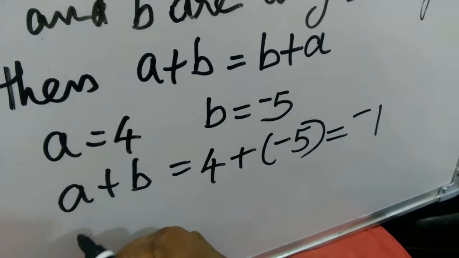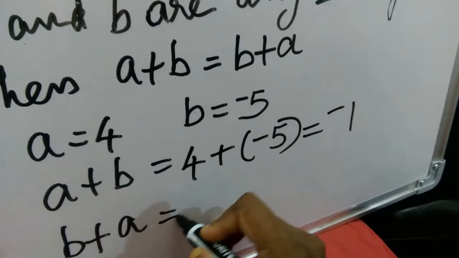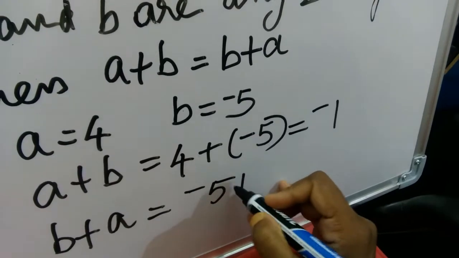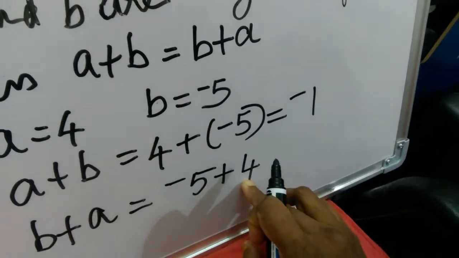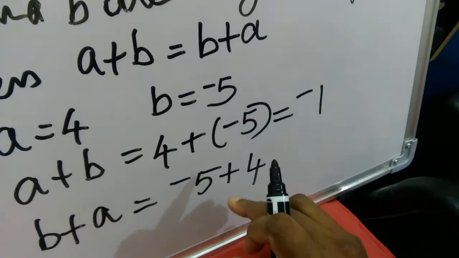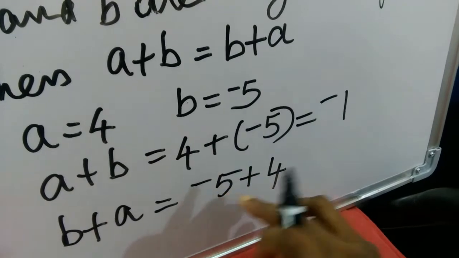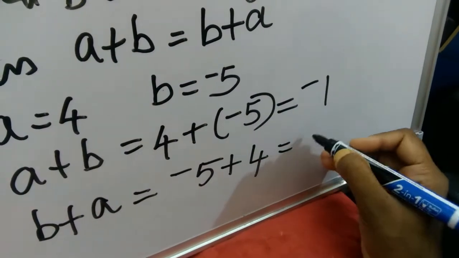Now, b plus a equal to, b is minus 5 plus a is 4. Here one is negative, the other is positive. So for simplification, we can subtract the numbers. 5 minus 4, we will get 1.